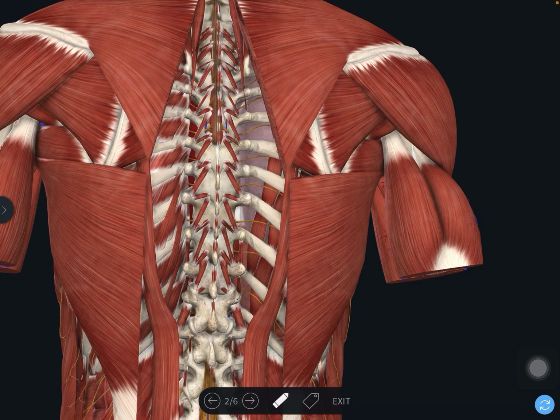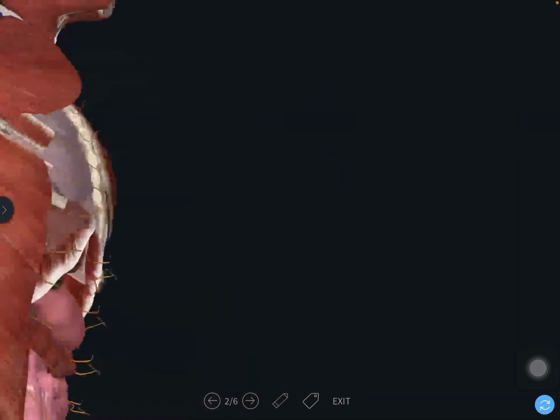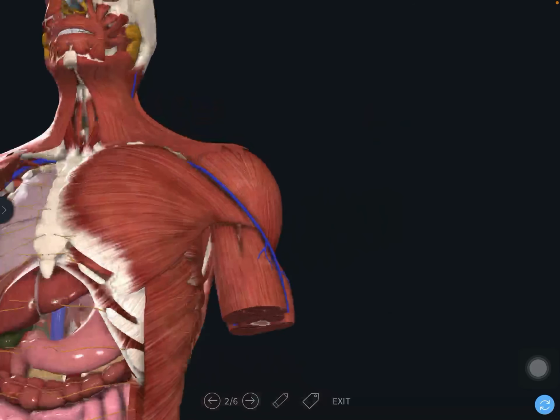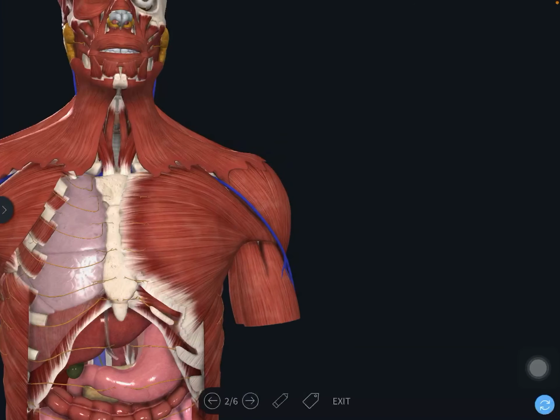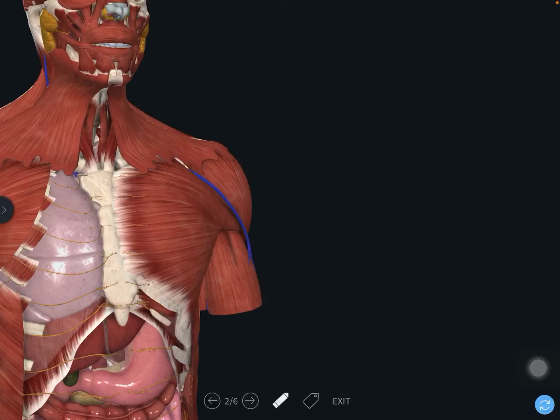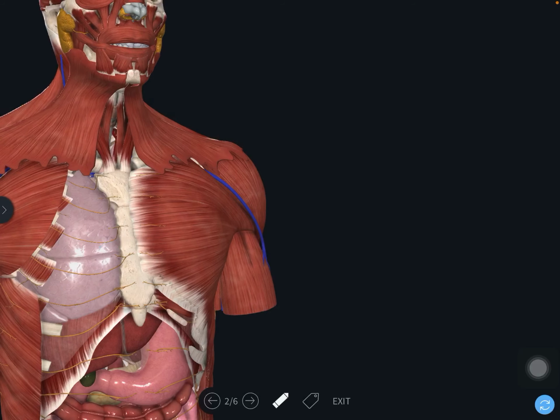The anterior part intervenes between two cartilages, so it is called intercartilaginous. Here the cartilages are removed. So these are the parts of the intercostal spaces.